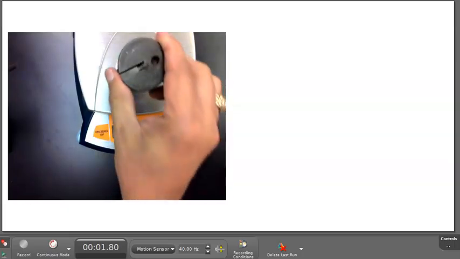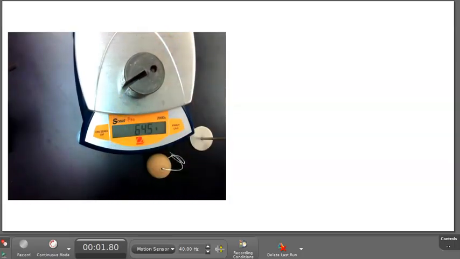I'll place the mass on the scale, and you can see the scale reads 499.6 grams. So for our purposes, this mass is, to 3 significant figures, 500 grams. I'm going to jot that down on the whiteboard here. So it's 0.500 kilograms.